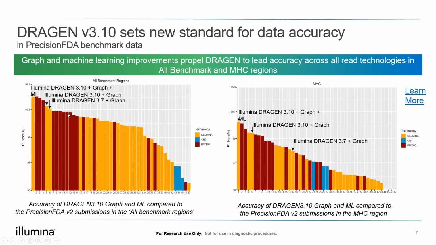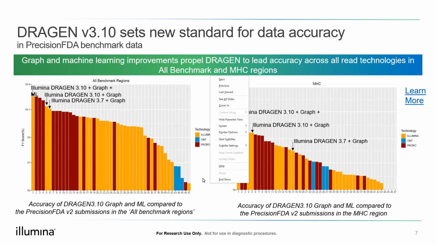So while it was still the best in class, let me bring my pointer here, if I can. Yeah. If you see where DRAGEN was in 3.7, you will notice that while it was still the best in class in terms of the Illumina reads for the F score, it was still not the best if you look at the other sequencing technologies.